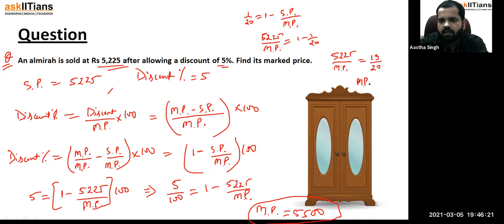Just cross multiply it and you will get market price as 5500. Do the cross multiplication, guys. So this is how you solve this question.